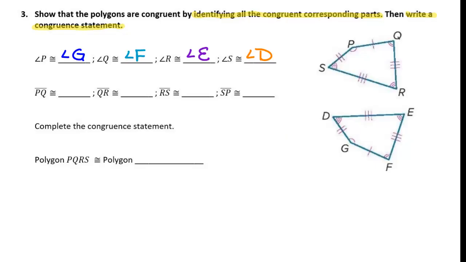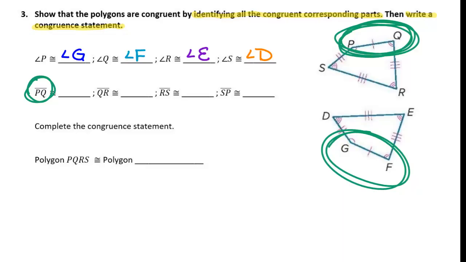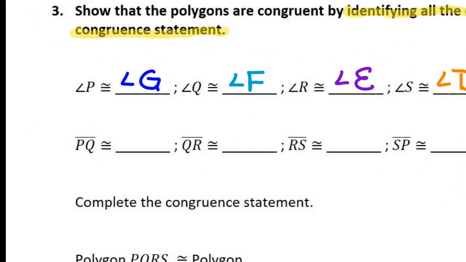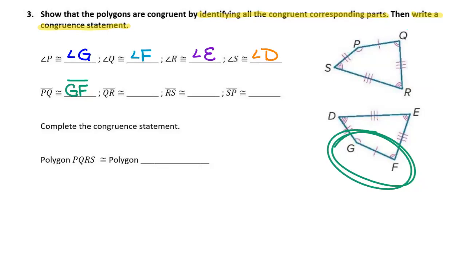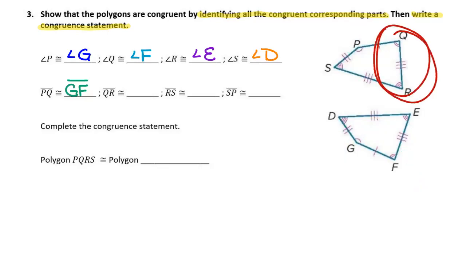Let's look at corresponding congruent sides. They start us off with PQ. When I come over here and look at PQ, I notice that there's one tick mark on it. What does that correspond to on the other figure? GF or FG. Remember, order doesn't matter when we're talking about segments. All right, what about QR, this one right here?